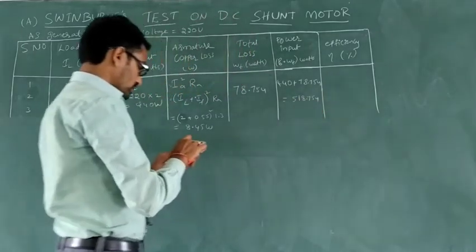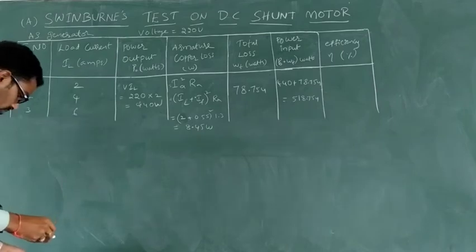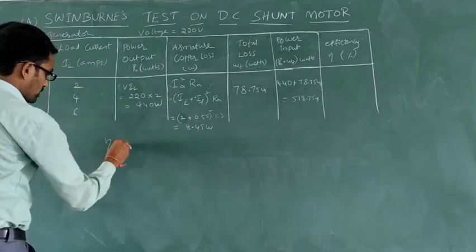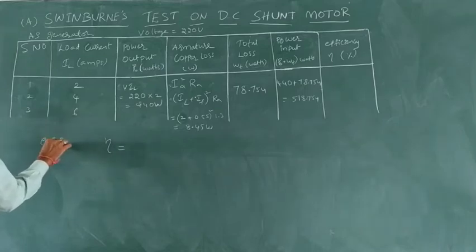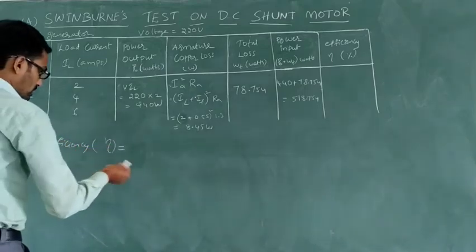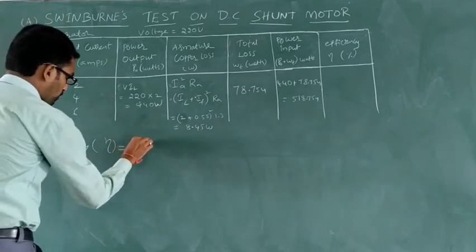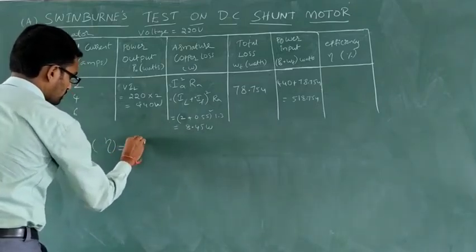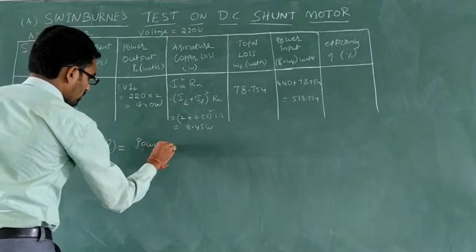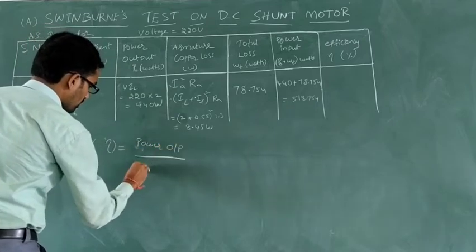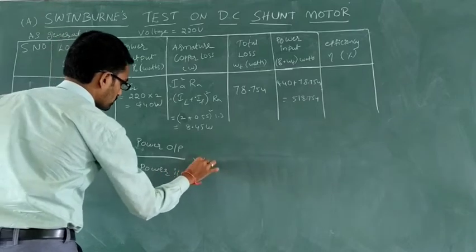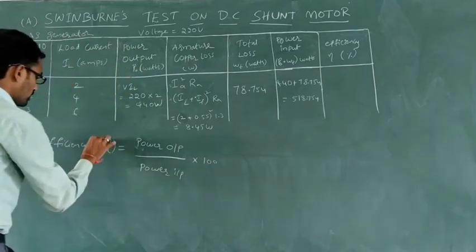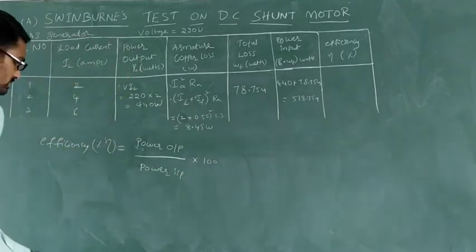So the efficiency formula: eta is equal to efficiency, that is, power output by power input into 100. If I calculate, you are going to get percentage efficiency.